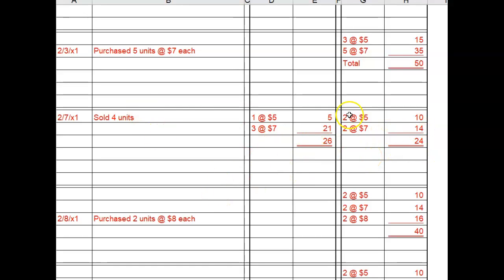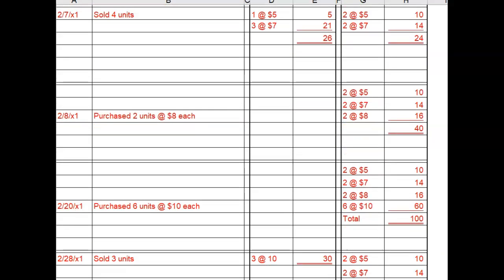The next thing we do is bring the inventory that was unsold down in chronological order, oldest to newer, and then apply the 2 units that cost us $8 on February 8th to get $40 of inventory under specific identification after the February 8th purchase.